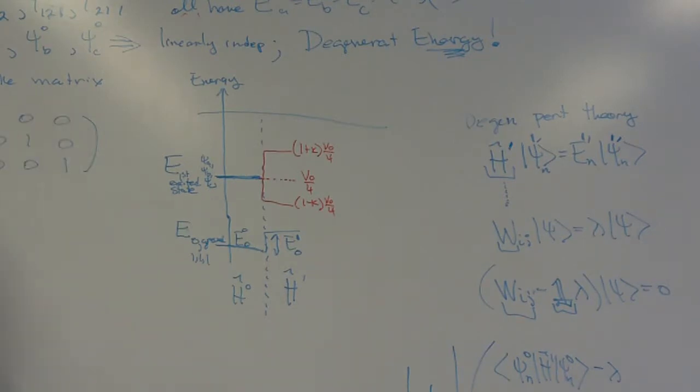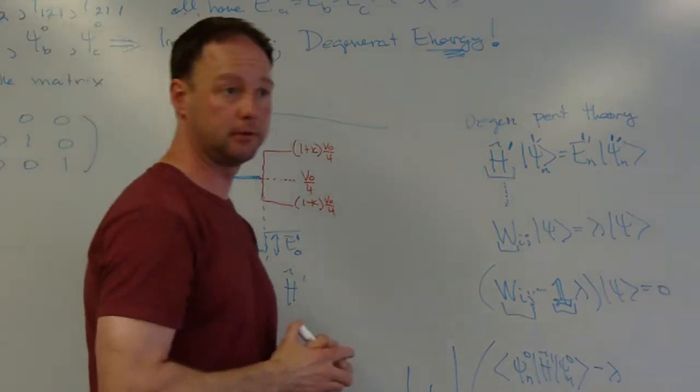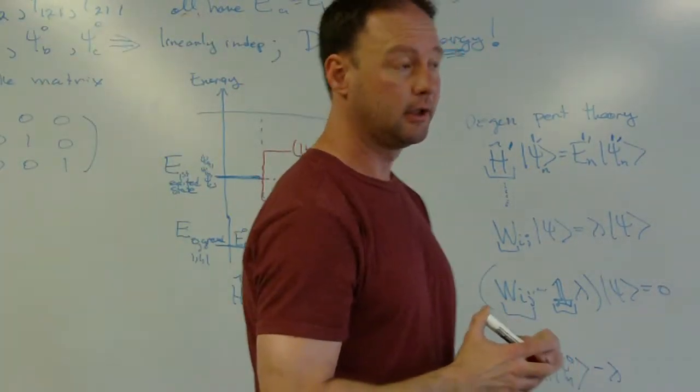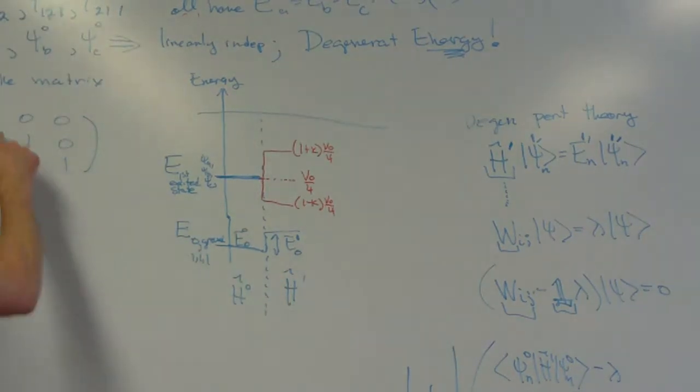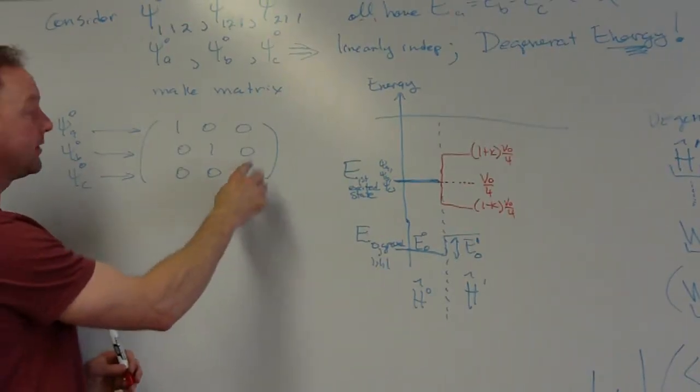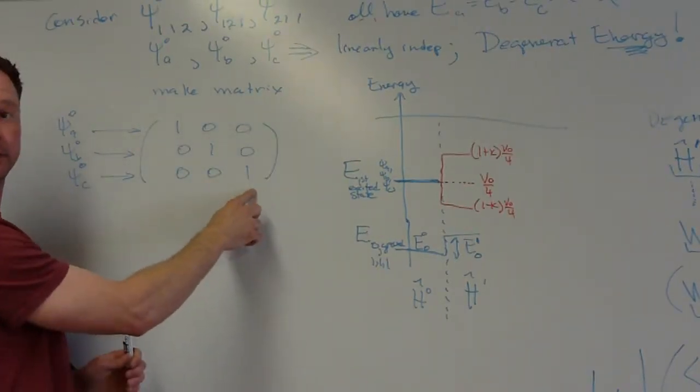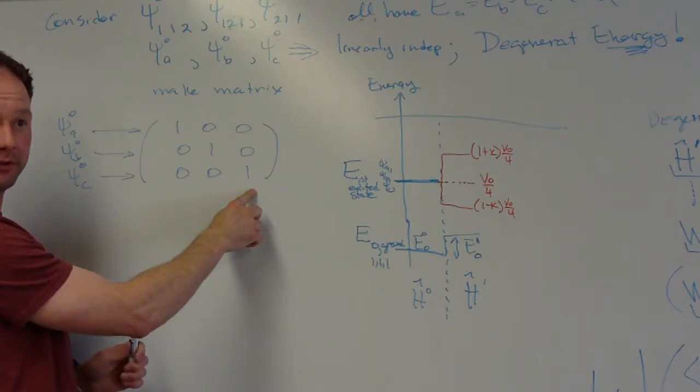There are no off-diagonal terms. What that means is the terms along the diagonal are the eigenvalues, and the basis that you used here are the eigenbases.